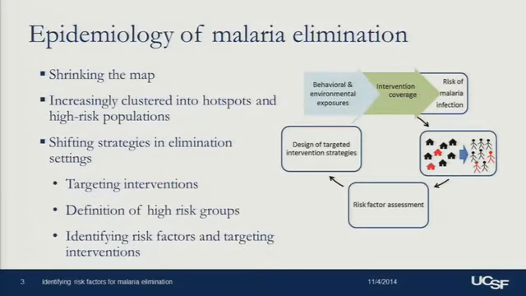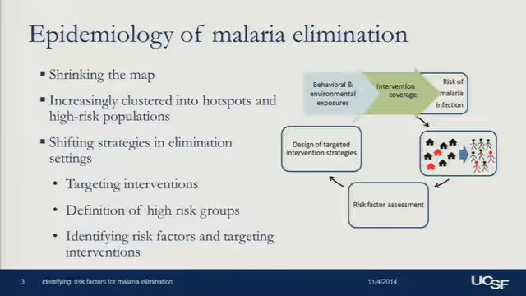As the map of malaria endemicity shrinks, more countries are progressing from low-controlled endemic status to pre-elimination and elimination settings. As this happens, malaria transmission is increasingly unstable and becomes clustered into hotspots, or areas of small geographical risk, and high-risk populations which share geographical, socioeconomic, or demographic characteristics.